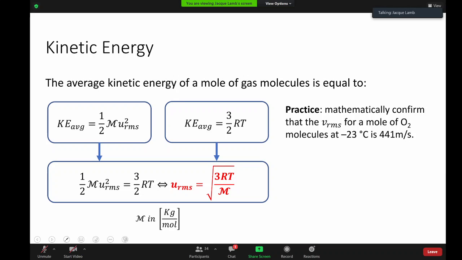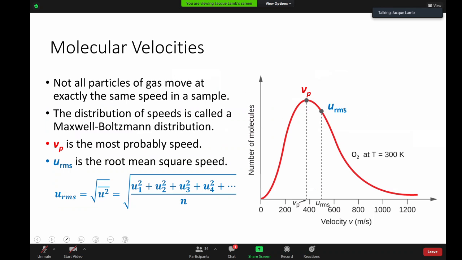Yes, it's the root mean square speed, and it's a measure of the velocity, but we don't call it velocity because velocity is a vector quantity, and we've eliminated the vector nature. Remember, vectors have magnitude and direction, and by squaring it and then taking the square root, we've gotten rid of the direction part of it and gotten back to just the speed.